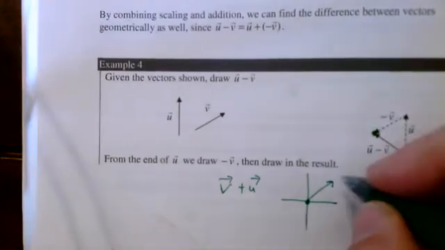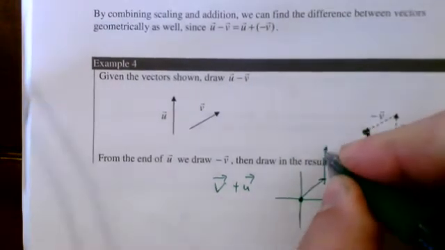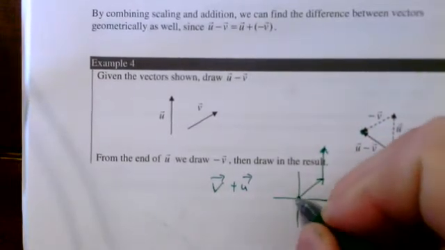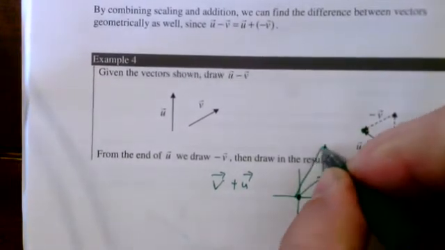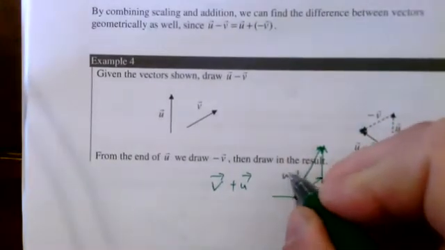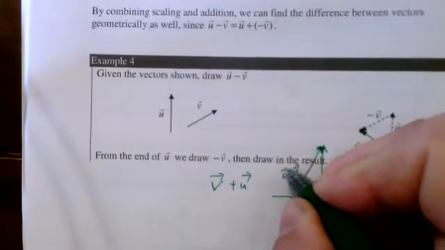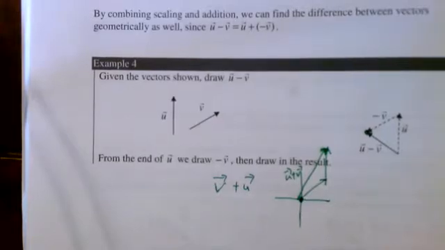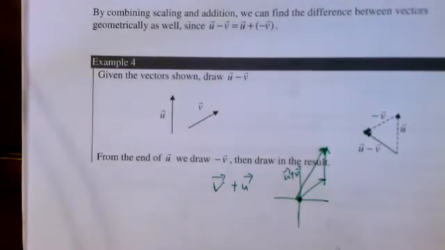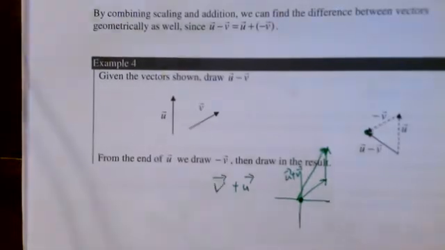Up. So it's going to go from here straight up. So u plus v is actually going to be from the origin up to that spot right there. This would be u plus v. Follow that?